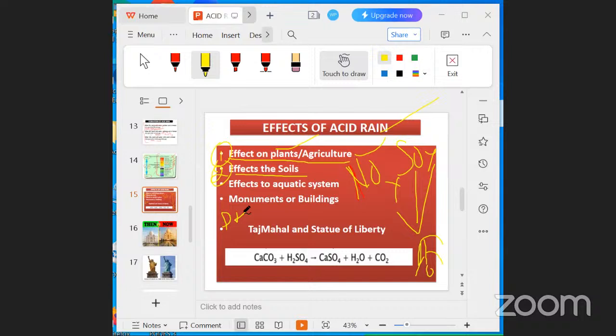Next one is effect to aquatic system. Especially these aquatic animals.